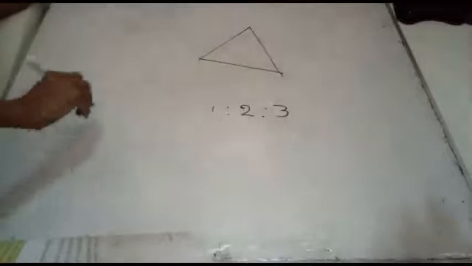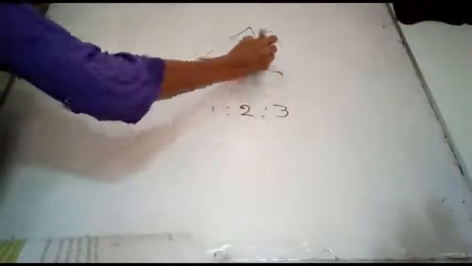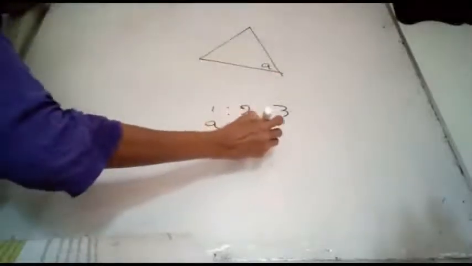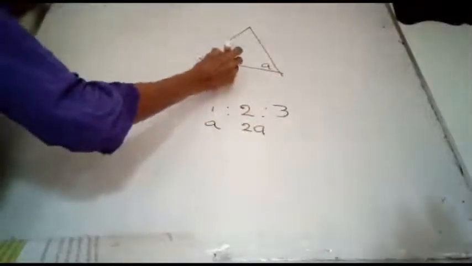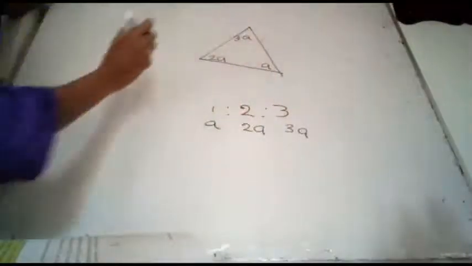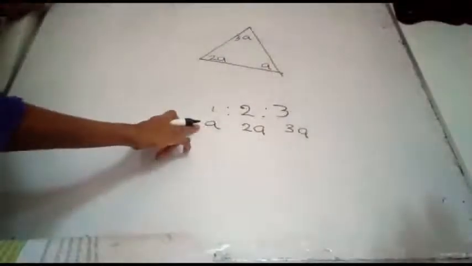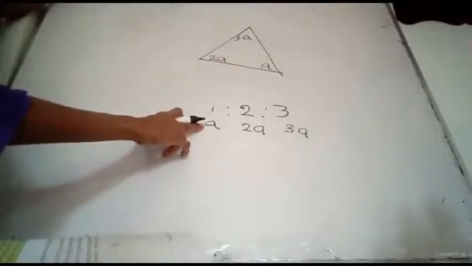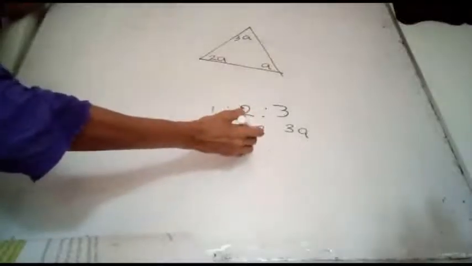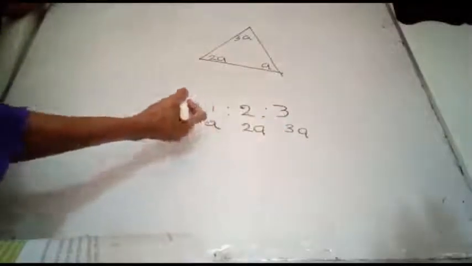We take the magnitude of the smallest angle as a degrees. Then the other angles are 2a and 3a.